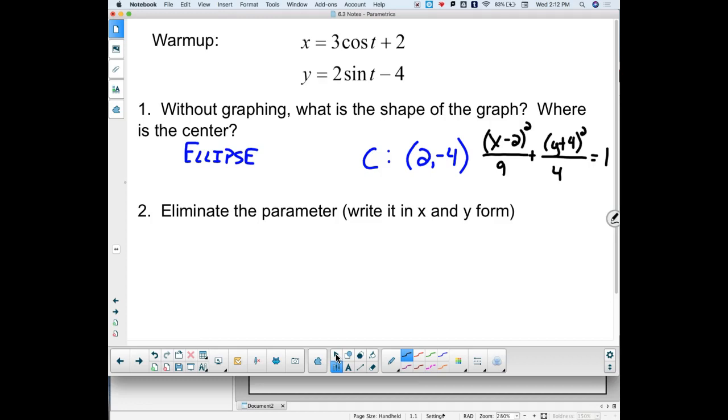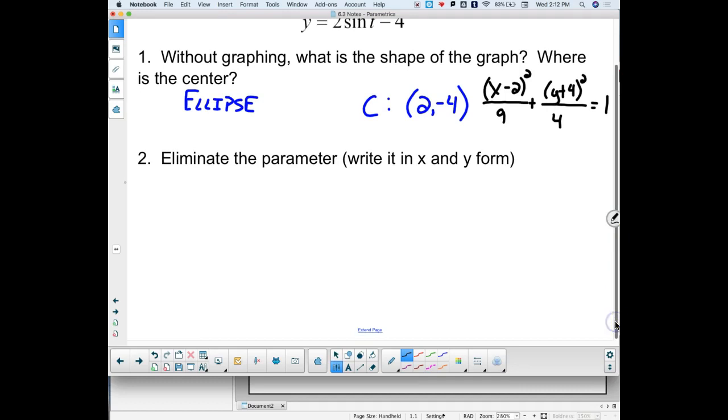Okay? So because there's sines and cosines in my x's and my y's, when I go to eliminate the parameter, I need to take x equals 3 cosine of t plus 2 and y equals 2 sine of t minus 4, and I have to solve those for what?